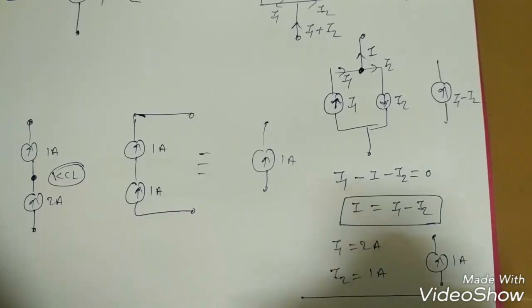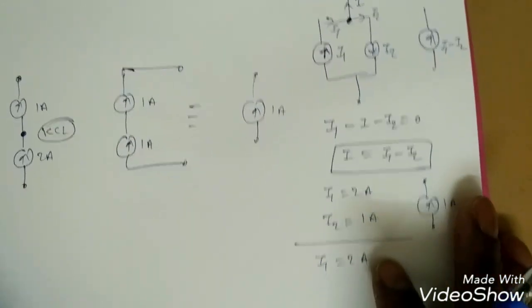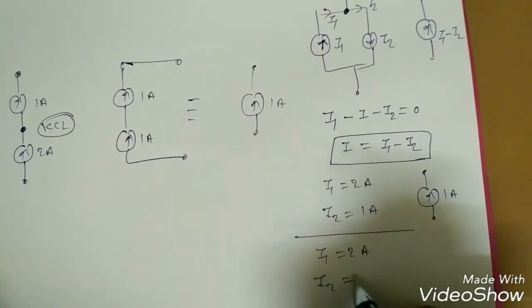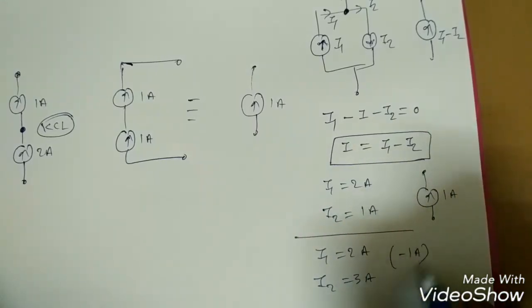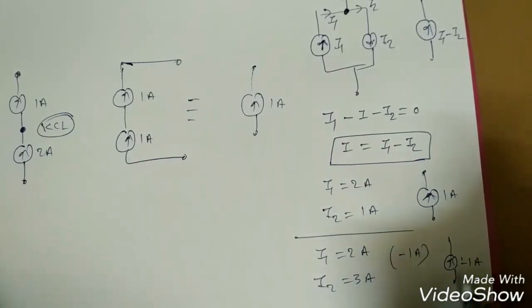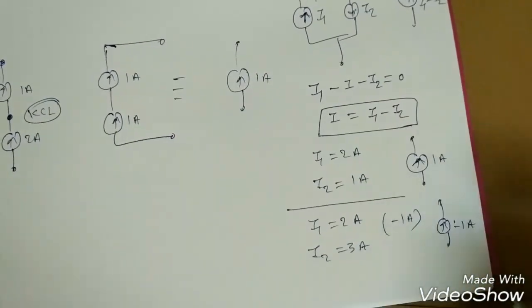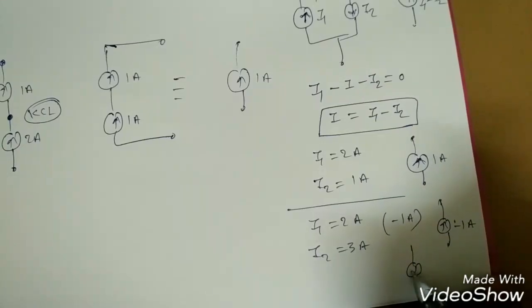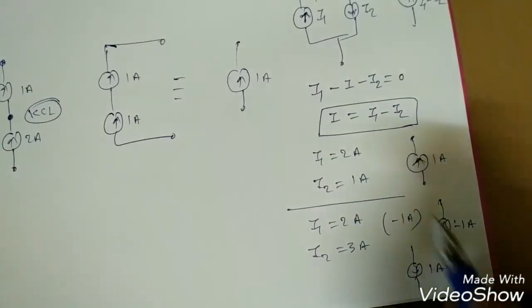In the second case, suppose I1 is equal to 2 ampere but I2 is equal to 3 ampere. So what is I1 minus I2? We will get minus 1 ampere. That means whatever direction we assumed as upward, it is minus 1 ampere. So minus 1 means the opposite direction, that is, the downward direction, which is 1 ampere, right?